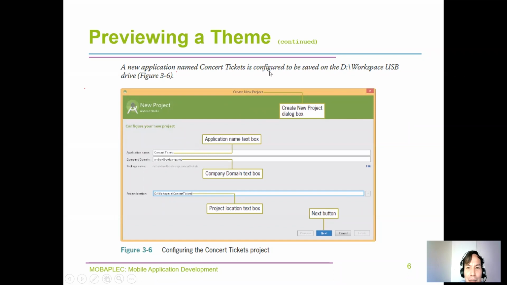So in my case, it's actually saved in drive D, workspace, USB drive. Then of course followed by the application name, which is concert tickets. Once I finish, okay, but right now it's not written here.